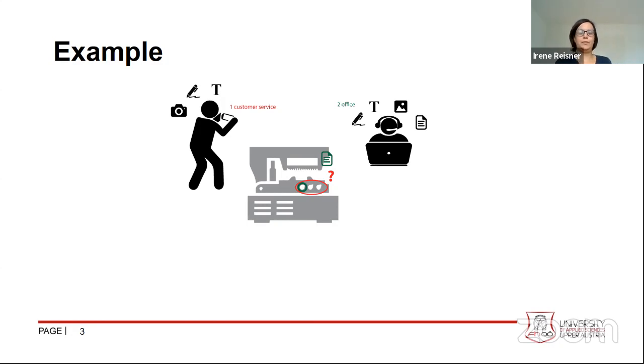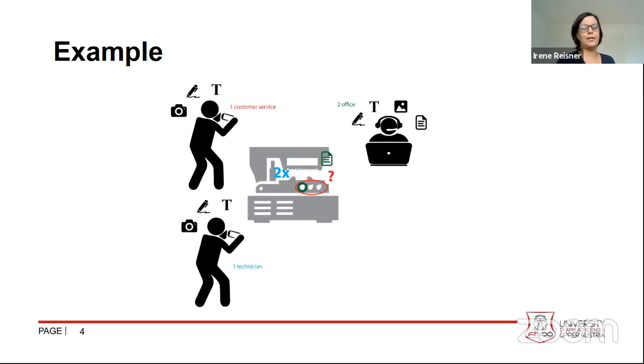And then afterwards, someone in the back office takes a look at this data and based on that, creates an offer for the customer and gathers all information and additional data which is necessary. And finally, a technician accesses the site and gathers all this information, and based on that, does the actual repair.